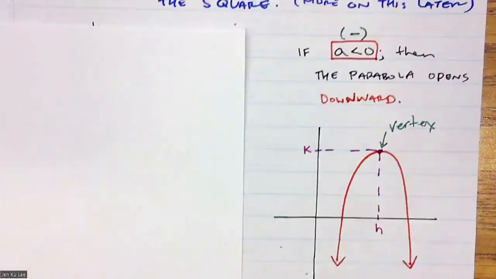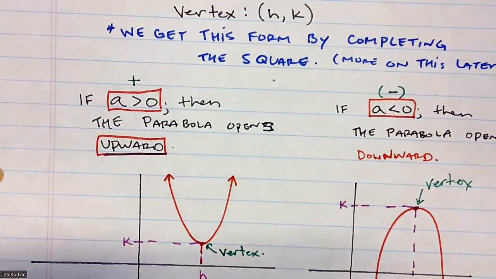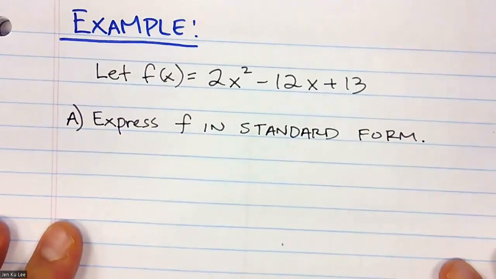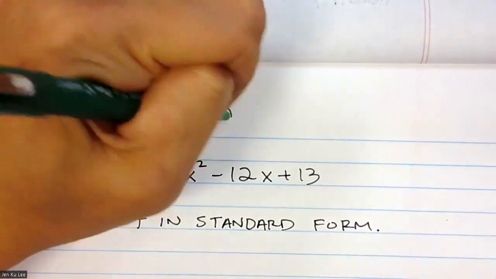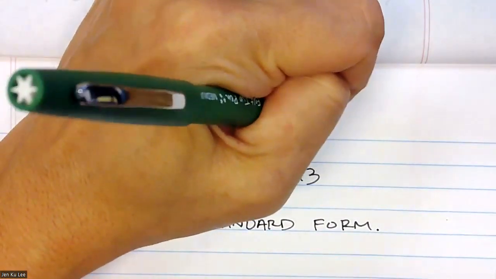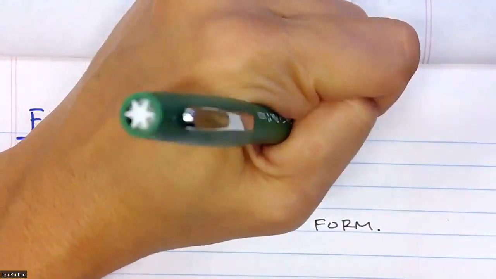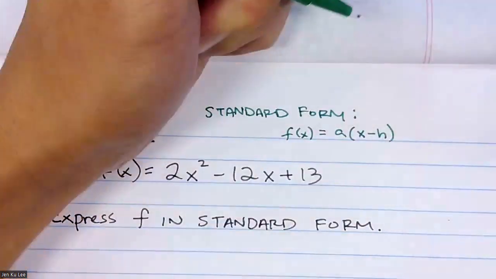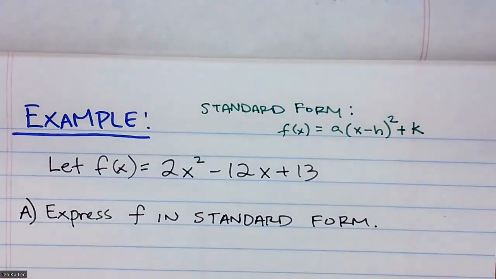So let's try and do an example of getting it from general form to standard form. So I have this, okay? Remember that my standard form is f of x equals a parentheses x minus h quantity squared plus k, okay?